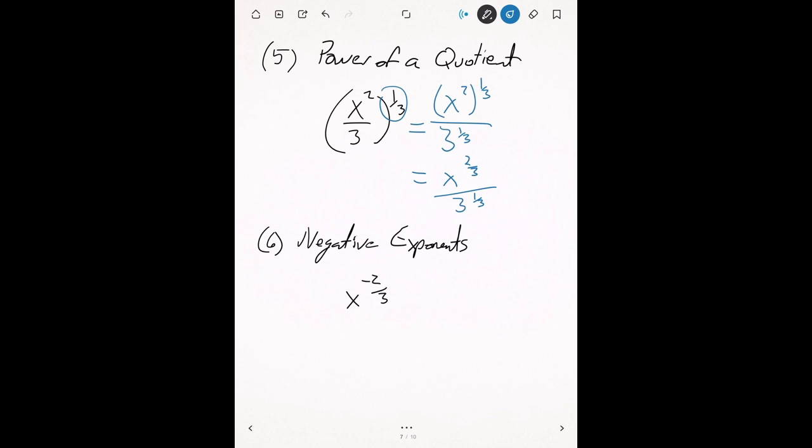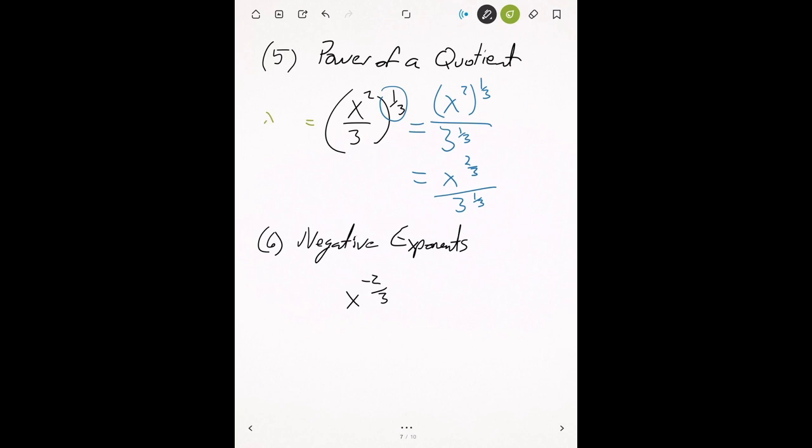Now, you might say to yourself, well, hold on now. This technically isn't in the most simplified form. So for example, let's rewrite this in terms of radicals. So maybe I'll change colors up here.